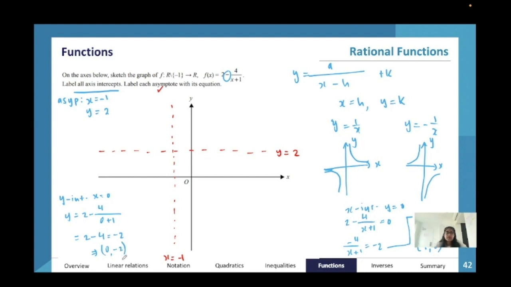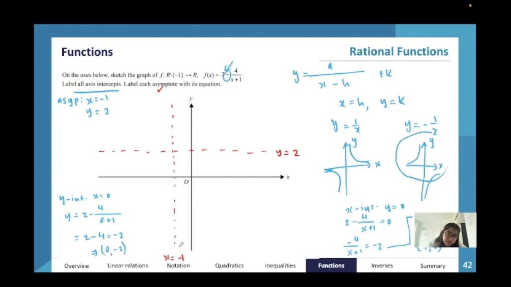A little sneaky trick I like to use is to draw the graph before I actually label the intercepts, because sometimes I might not draw them perfectly. So we've got x-intercept of (1, 0), y-intercept of (0, -2). Let's draw it. It's a negative here, which means it's going to look like this.